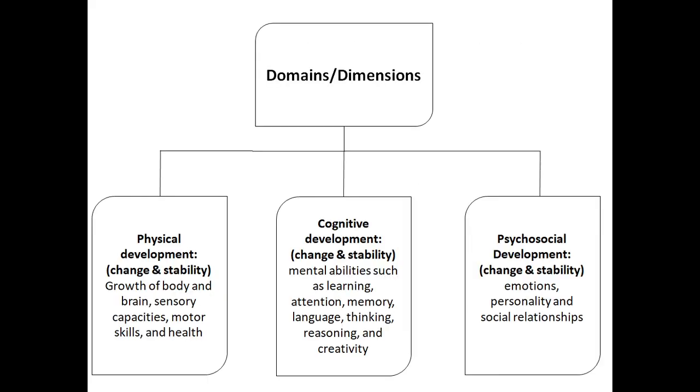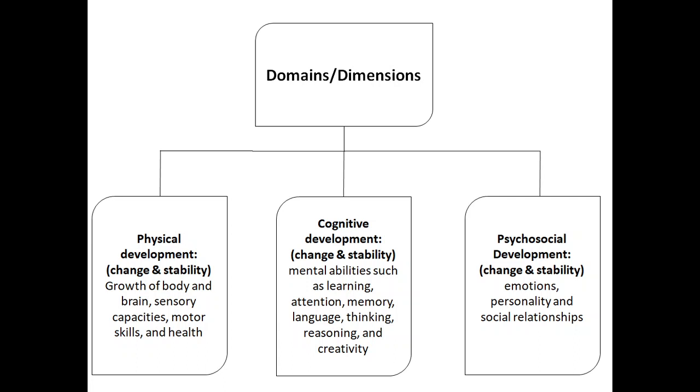First is the physical domain or physical development. Growth of the body and brain, sensory capacities, motor skills and health are part of physical development and may influence other domains of development. For example, a child with frequent ear infections may develop language more slowly than a child without this problem.